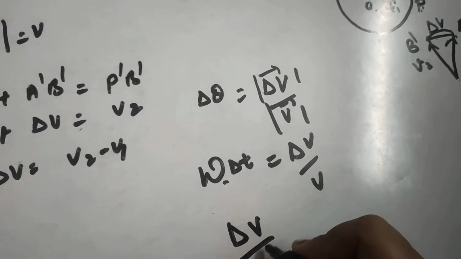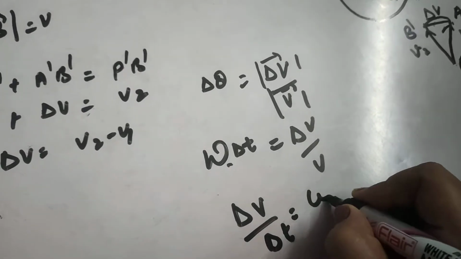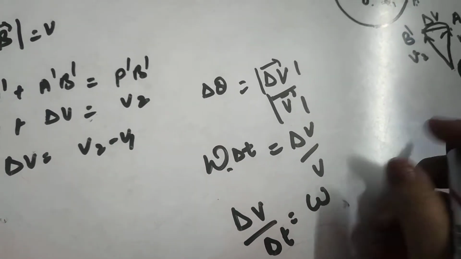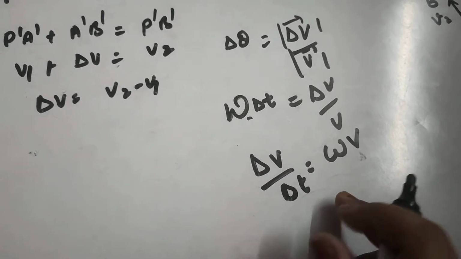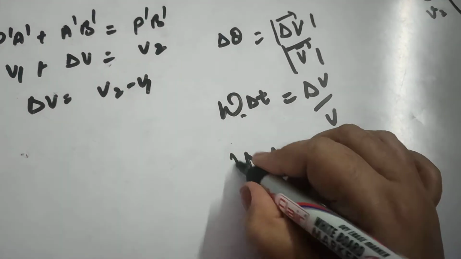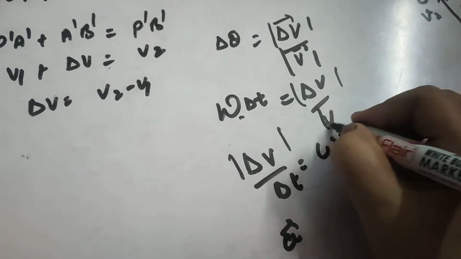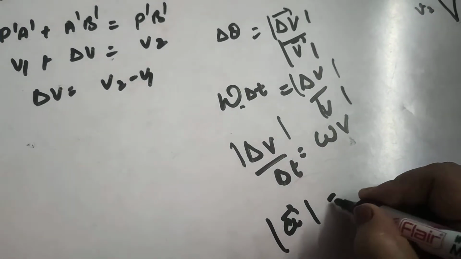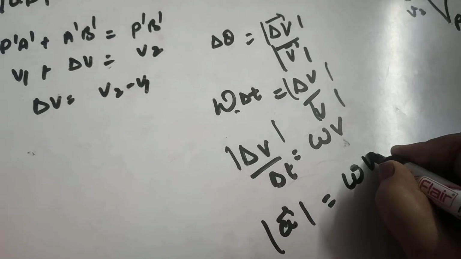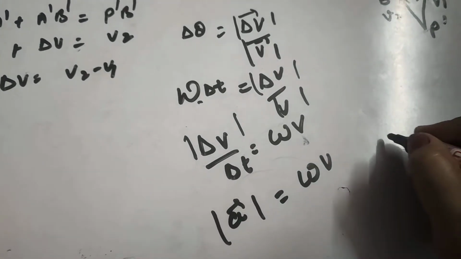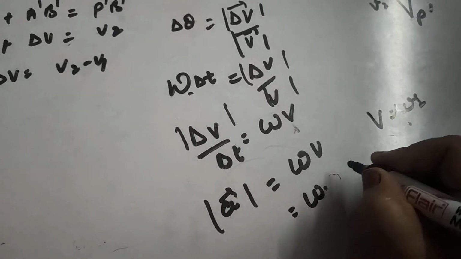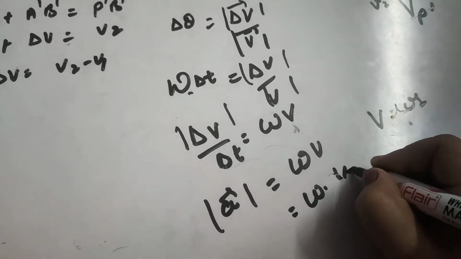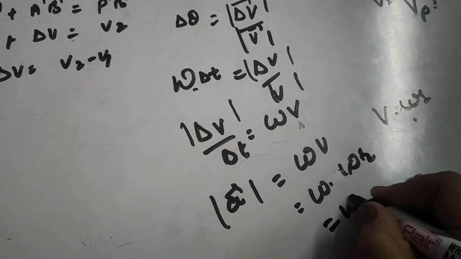So delta v by delta t is equal to omega into v. And delta v by delta t is the magnitude of acceleration, which is equal to omega v. Also we know the relation v is equal to omega r. Putting this in, we get omega square r.